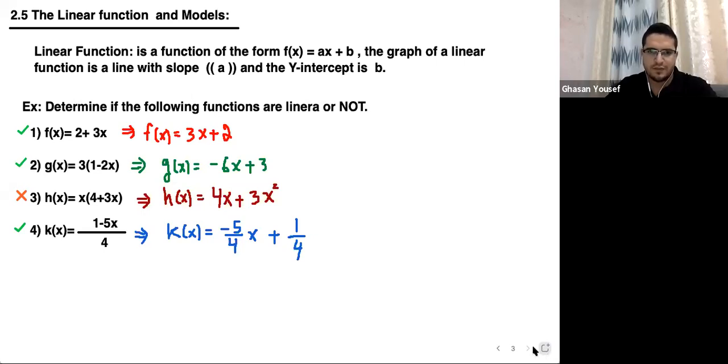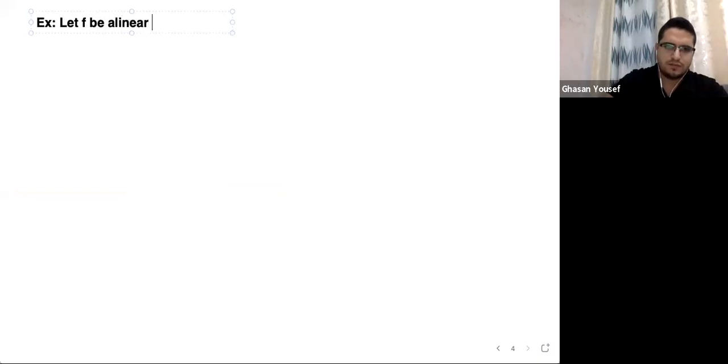Okay, example number 2 for the linear function. Let f be a linear function defined by f of x equals 3x plus 2.